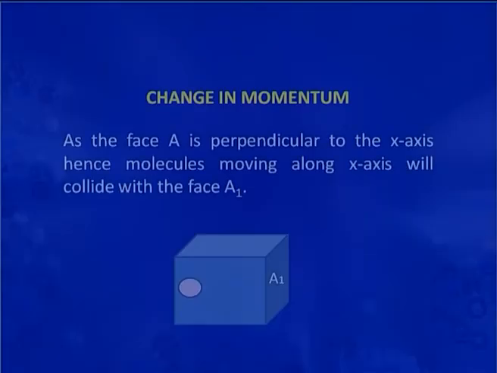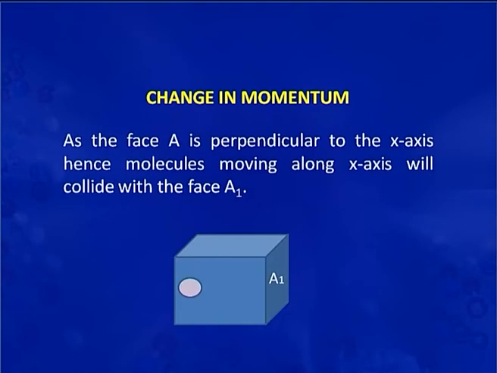Now, let us discuss the change in momentum. As the face A is perpendicular to the x axis, it is visible here, hence the molecules moving along the x axis will collide with the face A1. Like this molecule is colliding on face A1. Before collision, the momentum of the molecule is mvx.